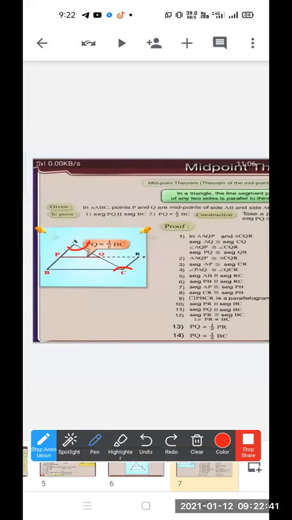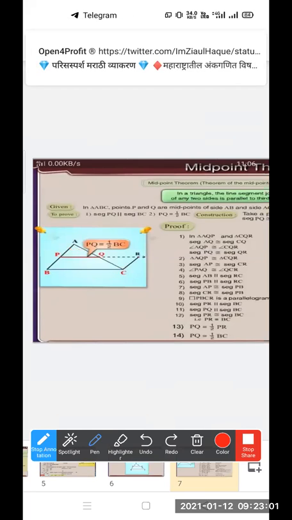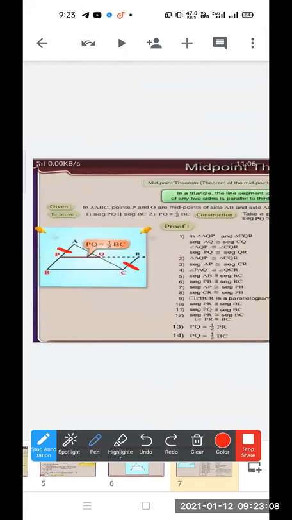Because these two triangles are congruent, therefore they are the corresponding angles of the congruent triangles. Also, segment AP is congruent to segment CR. What is the reason? They are also corresponding sides of the congruent triangles.